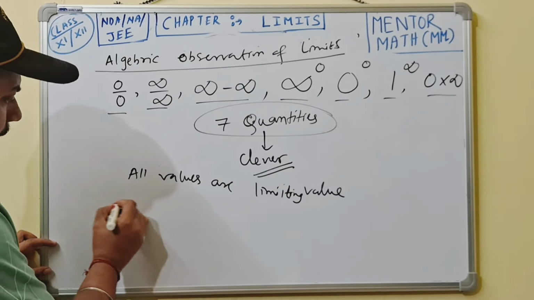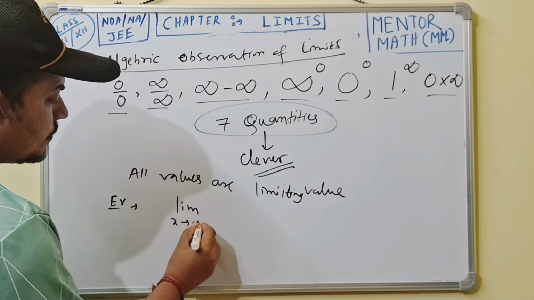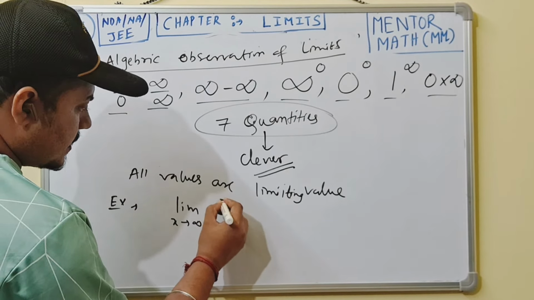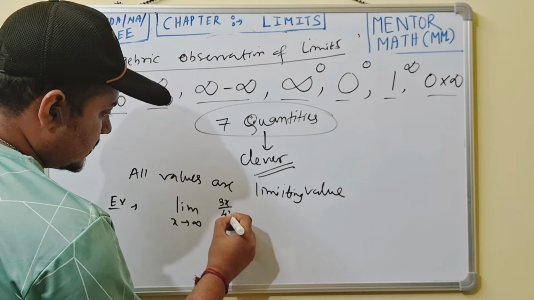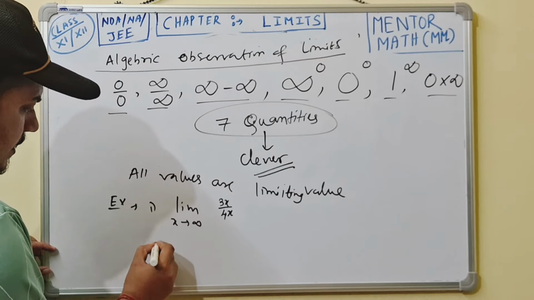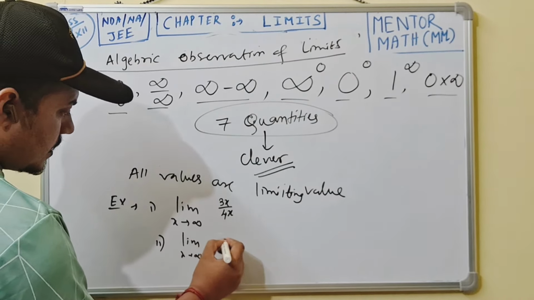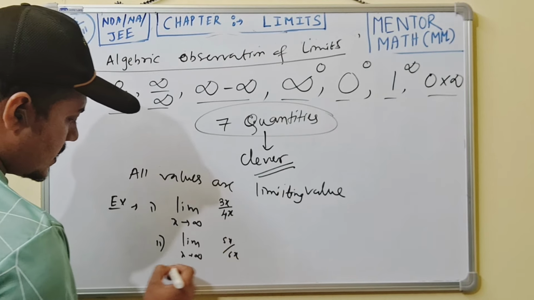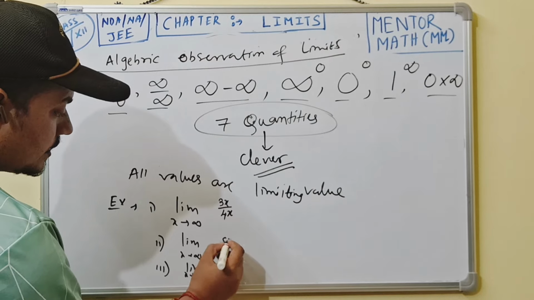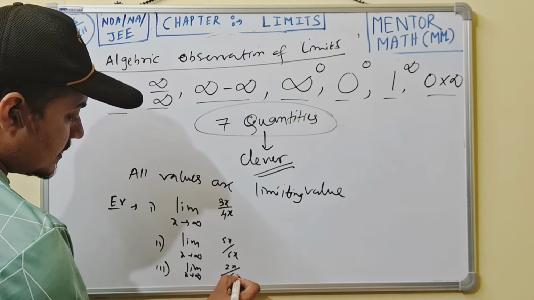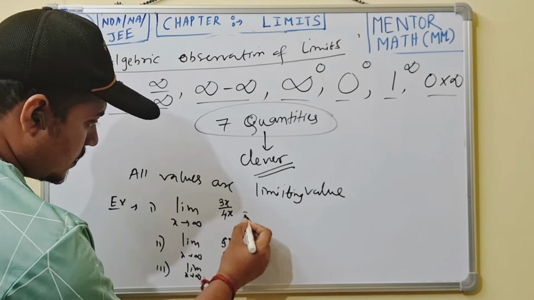So now let's take one example. Let us take limit x tends to infinity of 3x by 4x. And let us take another example, limit x tends to infinity of 5x by 6x, and another, 2x by 7x.